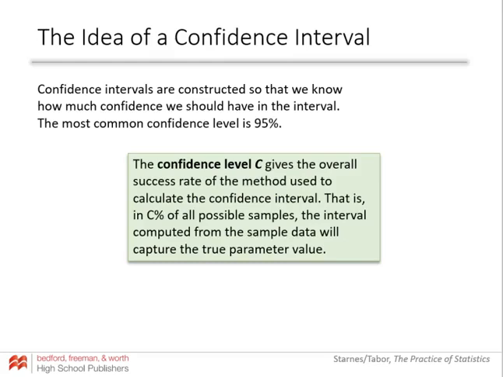So if they sampled, I don't know, 200 voters in that last poll, there are lots of different samples of 200 voters that we could create that would have different sample proportions, different p-hats. All right, and so the confidence level tells me that in 95% of those samples, I would get a confidence interval that would capture the true parameter value.